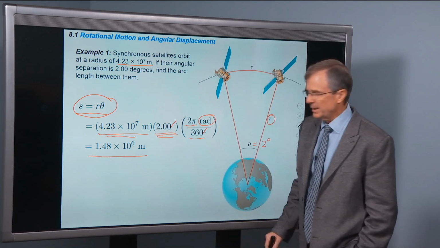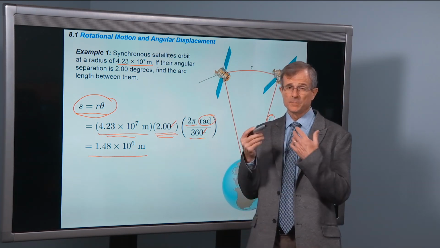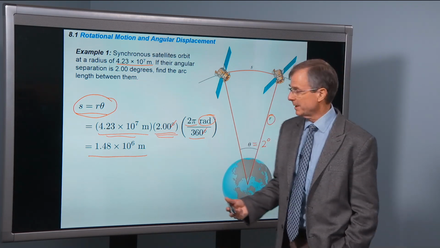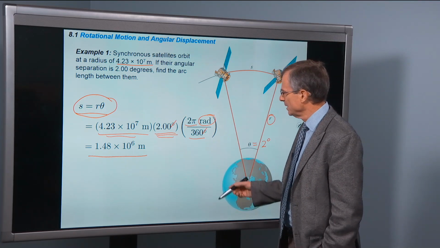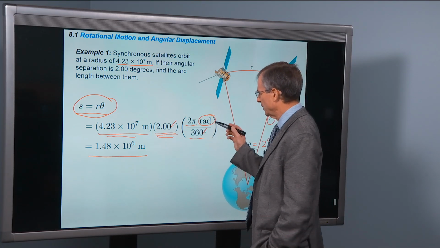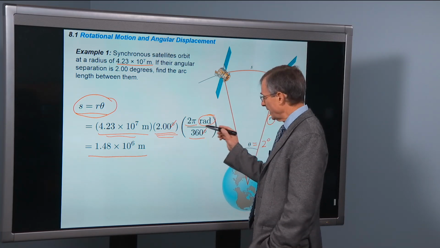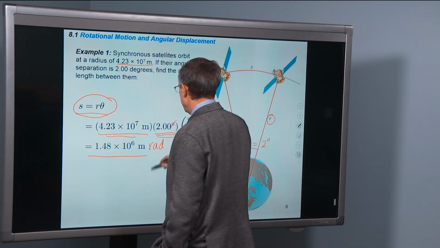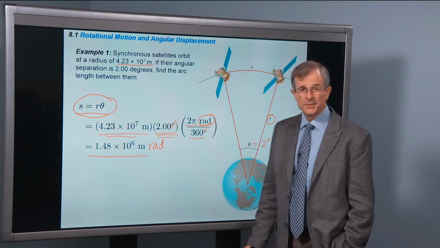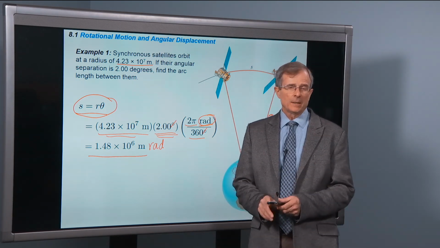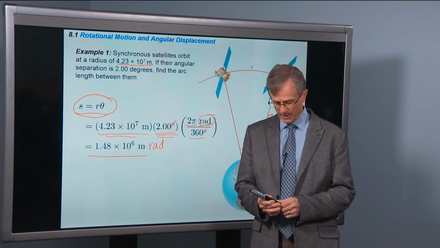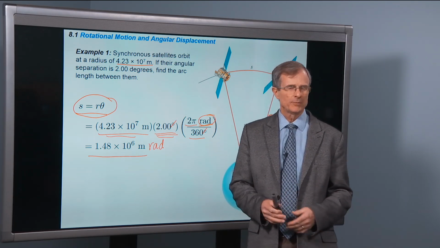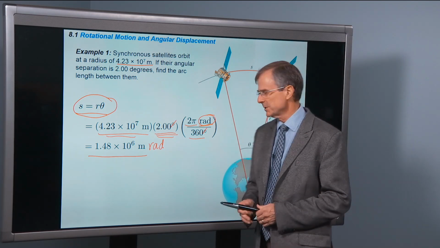Now, a word about units when it comes to applying the arc length formula and many other formulas in this chapter. You might have said, hang on, Dr. Edwards, don't you have a radian unit right here, and shouldn't we be multiplying by radians? And I say yes and no. The radian is a unit that's not really a unit. It can pop in and pop out of equations without any damage whatsoever.